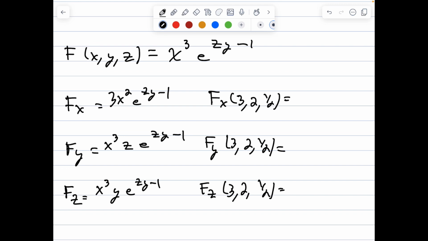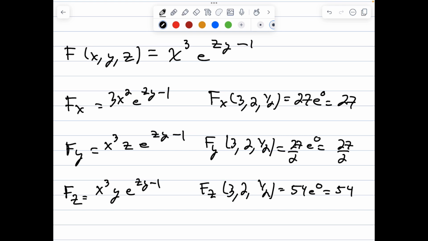You get 3 times 3 squared, which is 27, times e to the z times y. 1/2 times 2 is 1, 1 minus 1 is 0, so you get 27 e to the 0, which is 27. And likewise, this is what you'll get for the rest of the problems. For Fy you'd get 27 over 2 times e to the 0, or 27 over 2. And for Fz, you would get 54 e to the 0, or just 54.